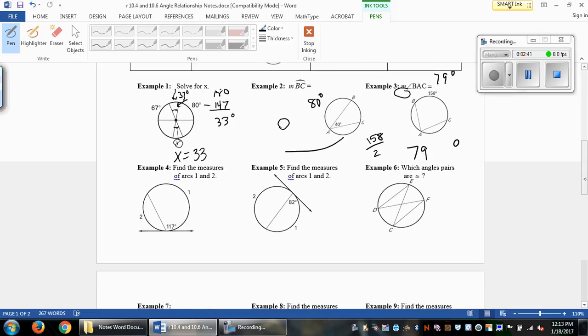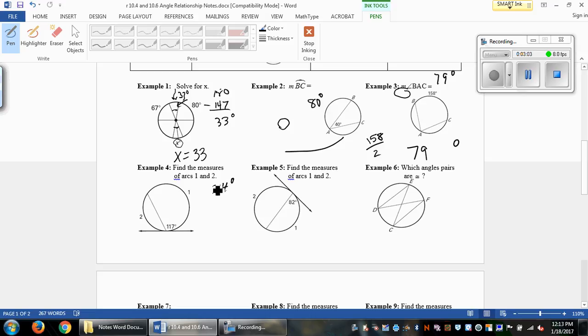Okay, example 4, we have 2 angles we're looking for, 1 and 2. So 117 is this angle here, so that would make 1 equal to twice that number. So 1 is going to equal 234 degrees.